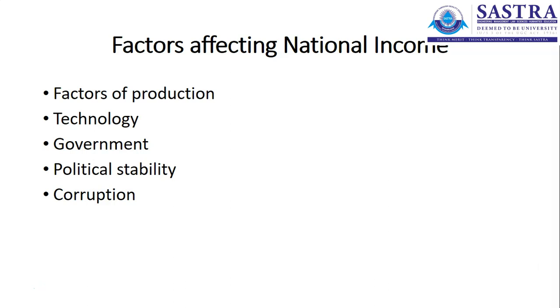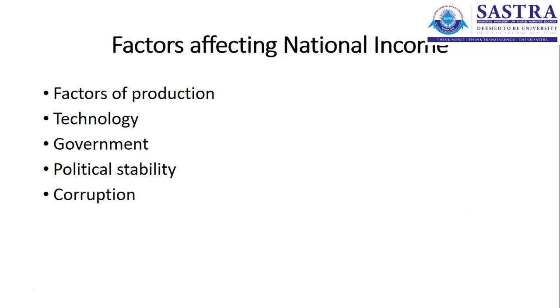If there is instability in the political situation of a country, it may not attract foreign investment, and investors are not ready to invest in India. If a stable situation prevails politically, income will increase in the market. That is the relationship between political stability and national income.